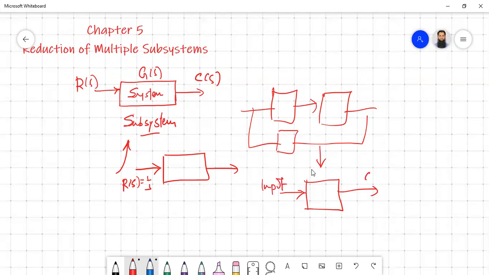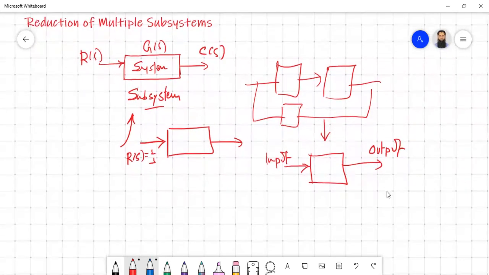Only then can we apply the analytical techniques that we have studied in the previous chapter. So in this chapter we will focus on the technique of how we can reduce a system with multiple interconnected subsystems into a single transfer function.